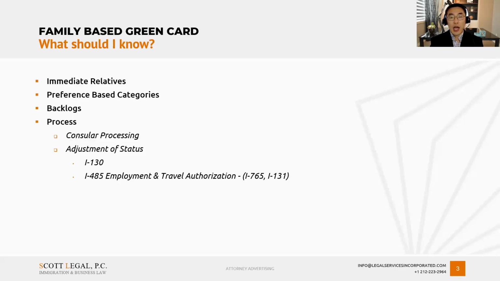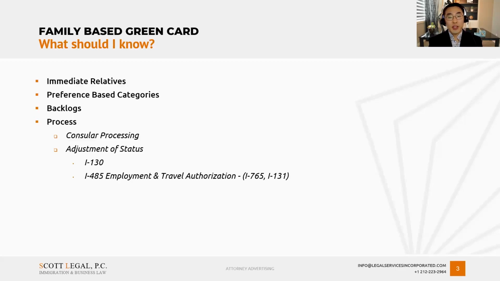If the beneficiary is outside of the United States, then the approved I-130 case will be transferred to something called the National Visa Center, where the beneficiary needs to submit the required civil documentation. Then the case will finally be transferred to the U.S. Embassy in the country where the beneficiary is currently residing, for the immigrant visa interview. So it's three steps: USCIS, National Visa Center, and U.S. Embassy. That's called consular processing.